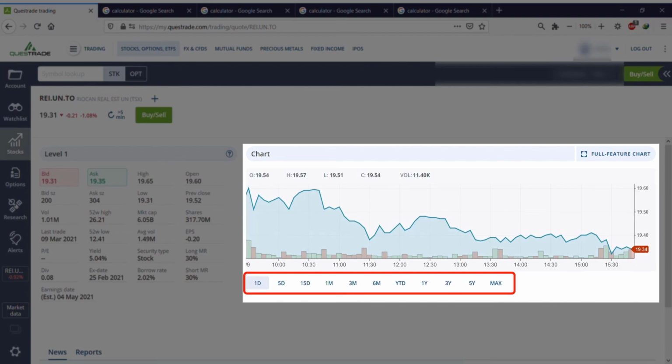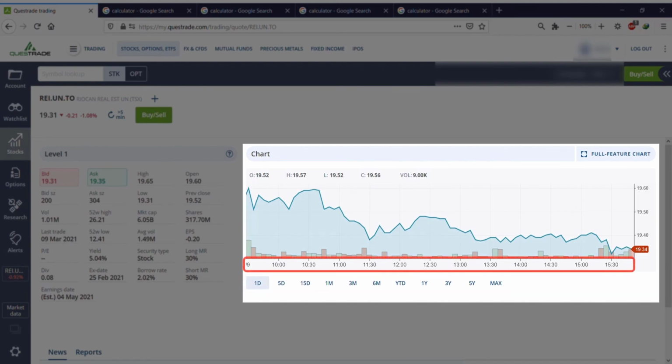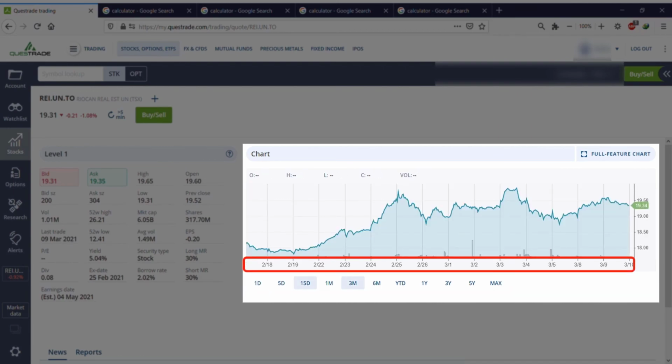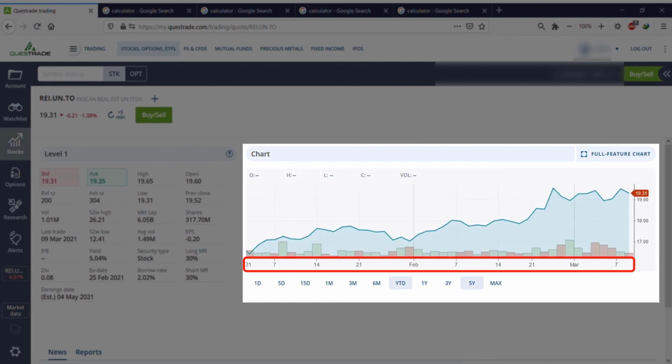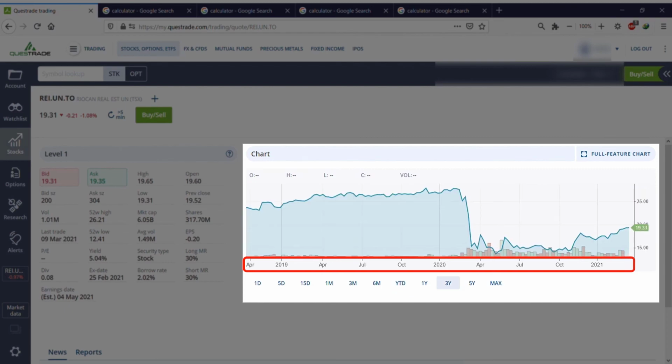And in the chart itself, depending on what you choose here, if you take a look at the lower horizontal axis, it shows the date, and depending on which time interval you choose, it shows months, years or weeks.